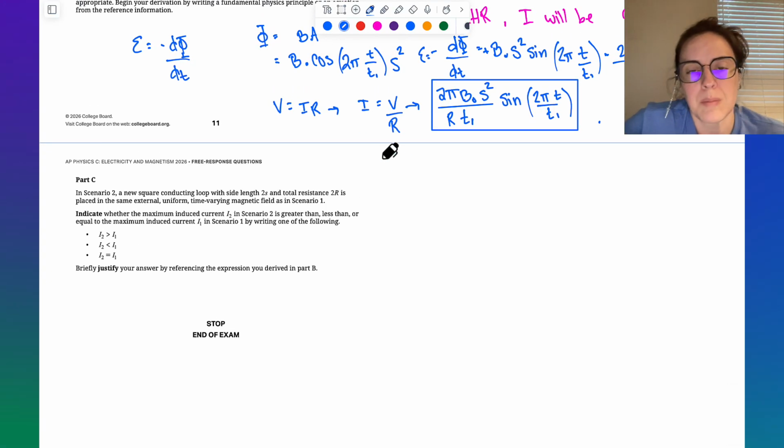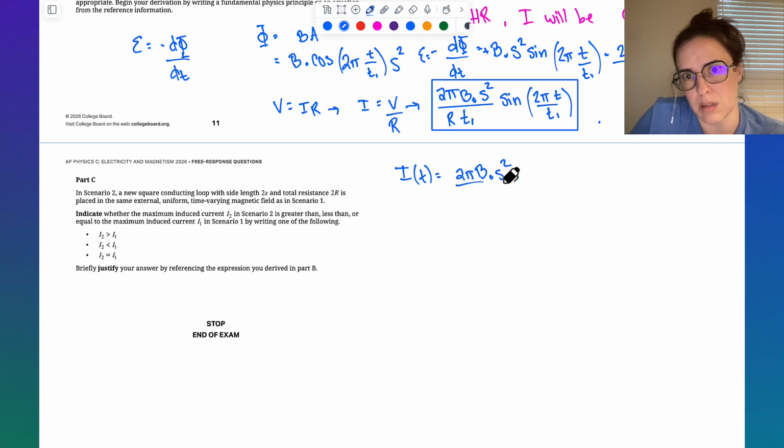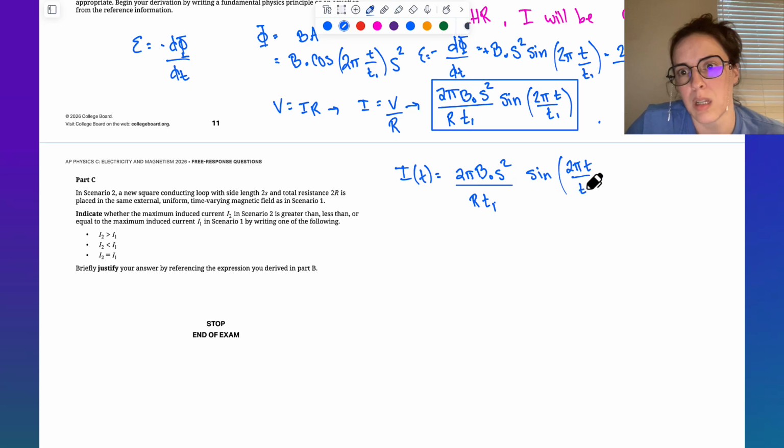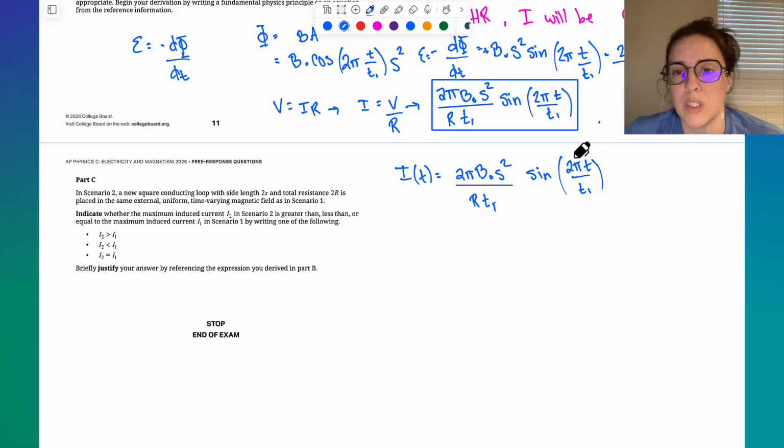Okay. All right, so in part B, we said our current is going to go like 2 pi b naught s squared over R T1 sine of 2 pi t over t1. Okay, so remember that sine is going to have a maximum value when this is pi over 2.